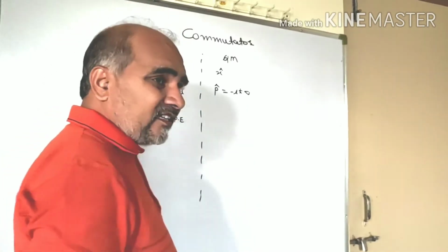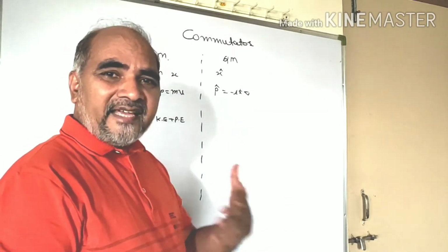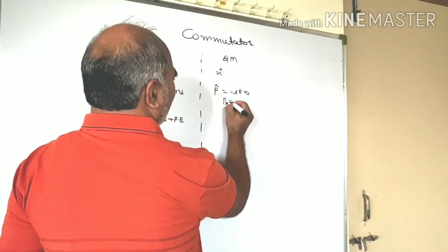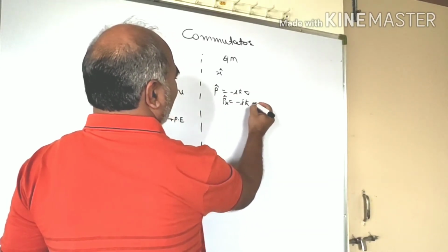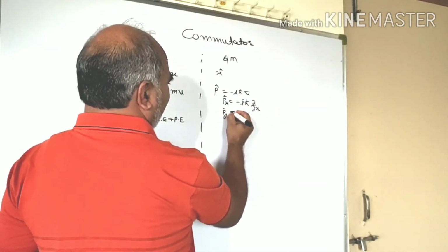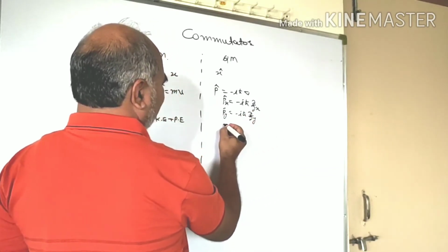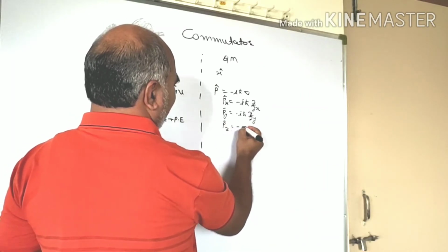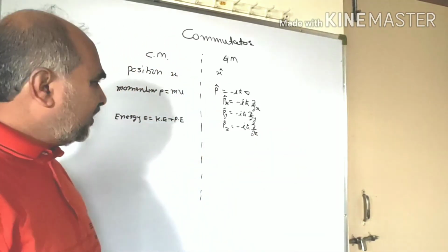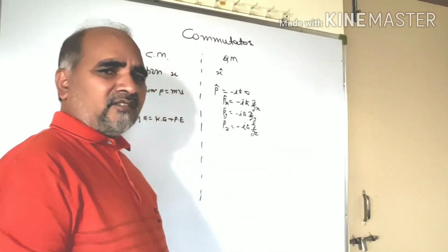That means P has three components: the momentum operator along the x-axis, y-axis and z-axis. Therefore px is equal to minus i h cross delta by delta x, py is equal to minus i h cross delta by delta y, and pz is equal to minus i h cross delta by delta z. So this is the momentum operator in quantum mechanics.